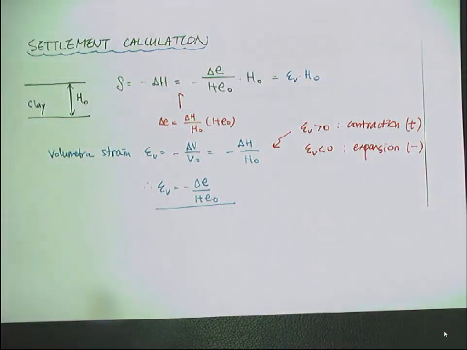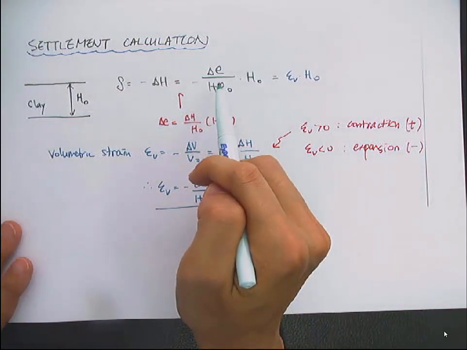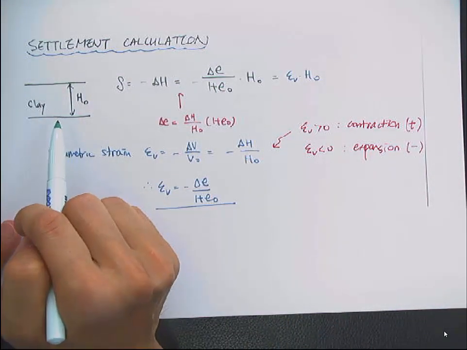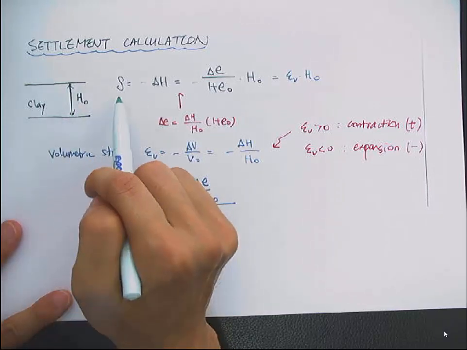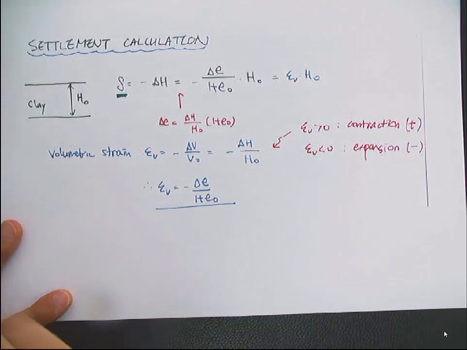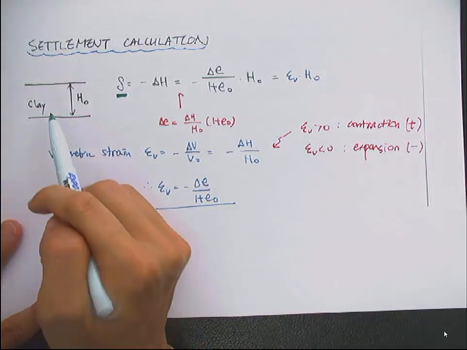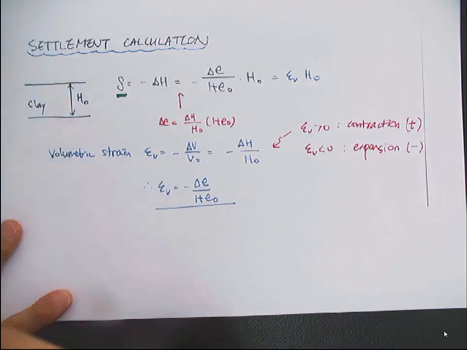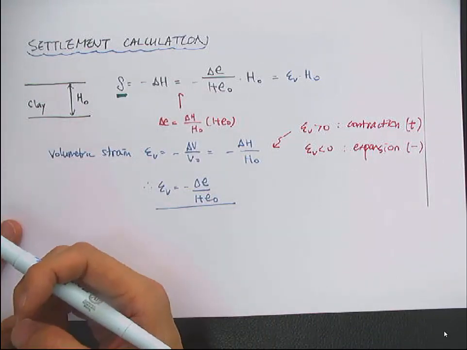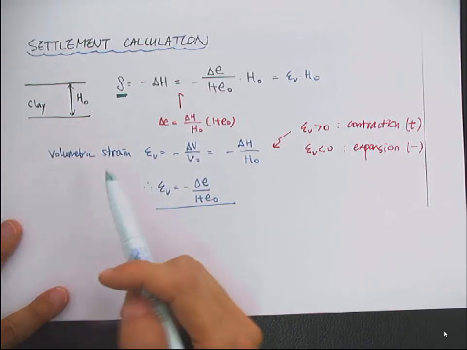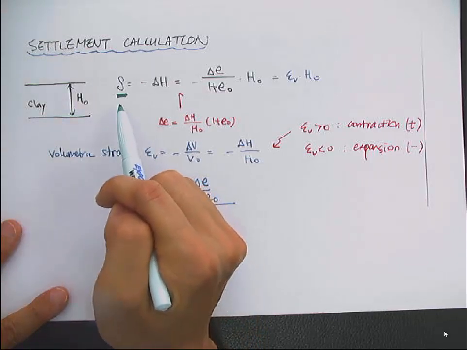And backwardly, if you know the void ratio change of the clay layer, and if you know the total thickness of the clay layer, then you can convert it to the settlement calculation. So here, let's assume that we know the void ratio change, then how much the settlement will occur. This equation tells you about that information.